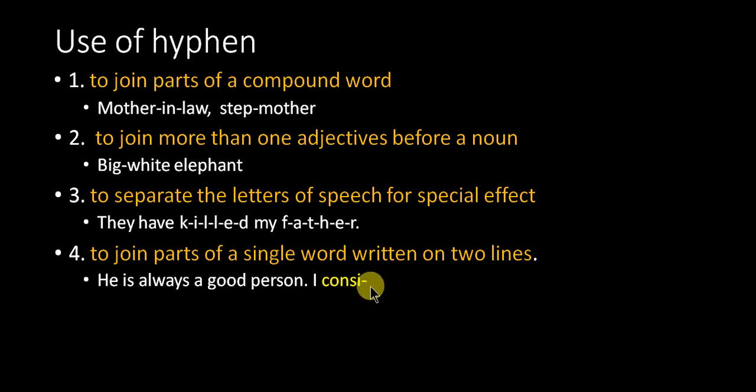Suppose here the line ends and there is a little space, we are able to write only a few letters, so we transfer the remaining part of this word to the next line. He is always a good person, I consider him a noble person.